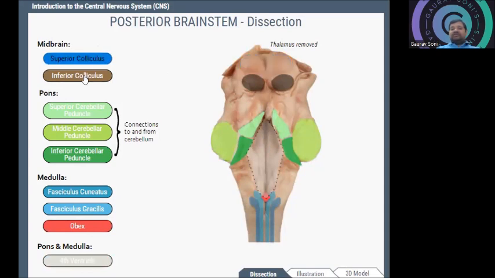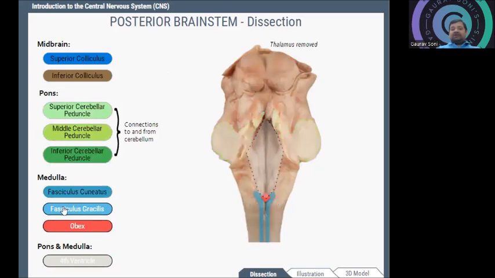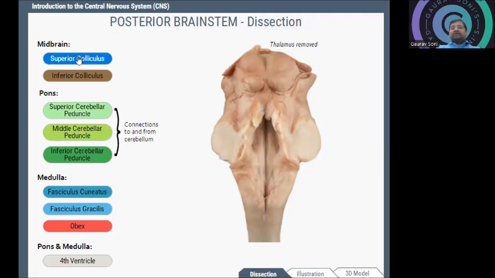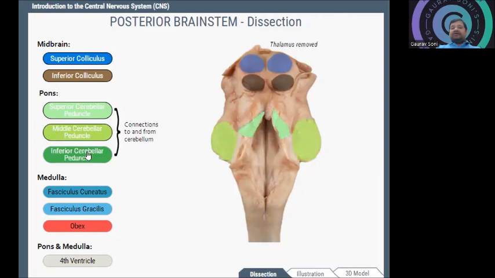Again, I will show you everything. This is the posterior part of the brainstem, consisting of the same three things: midbrain, pons, and medulla. In the midbrain, you can see the superior colliculus and inferior colliculus. In the pons, you can see the superior, middle, and inferior cerebellar peduncles. These three parts help with connection to the cerebellum.